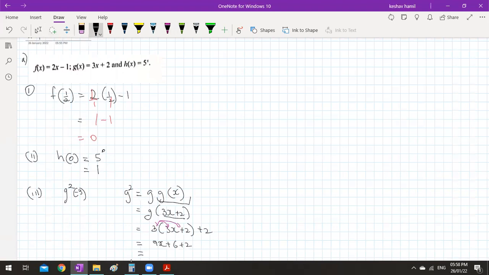And that should give us 9x plus 8. So we could go ahead and work this out now, because we know what the g squared function is. So 9 open bracket minus 3 plus 8. 9 by negative 3 is negative 27, and plus 8 is negative 19. Right, so this is like a little working column.